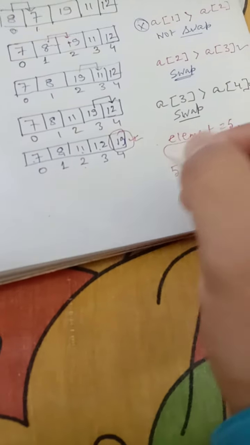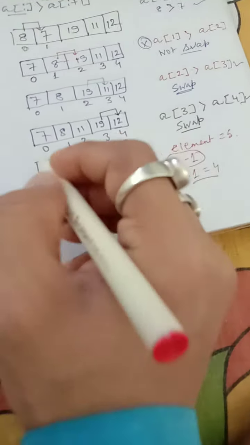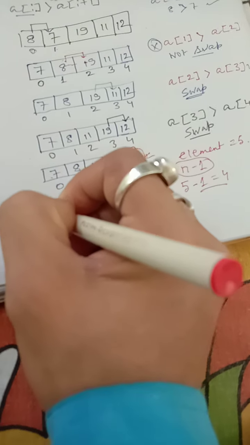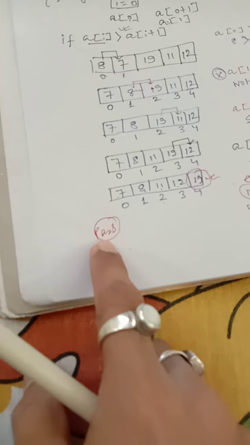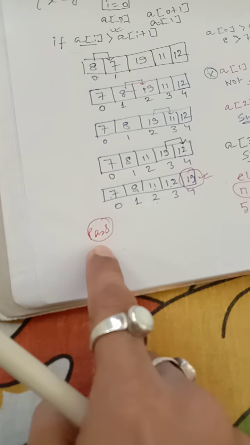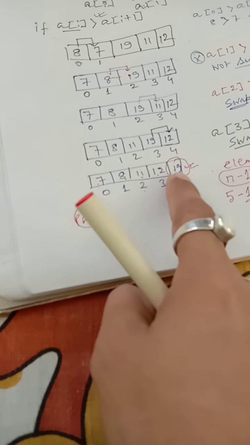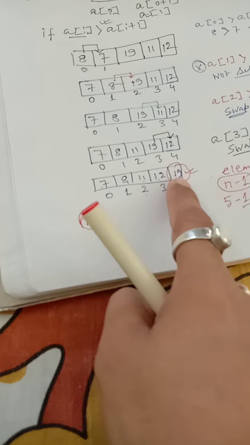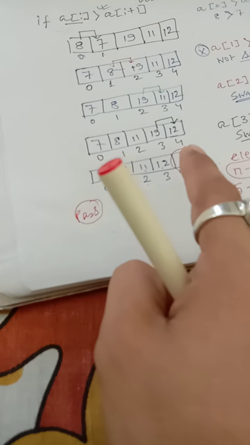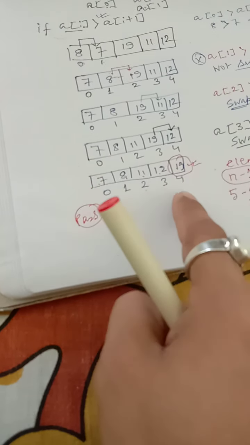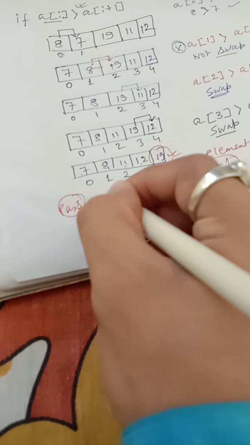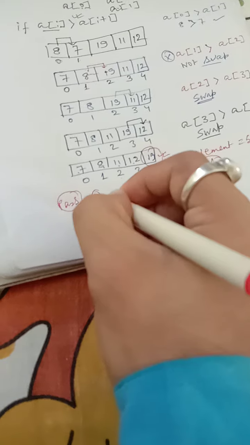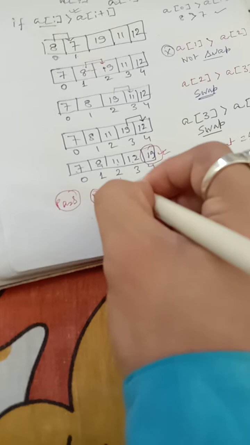After each and every sequence of comparison, which is called a pass, we experience that the largest element among the entire array is kept in the highest position, that is the (n minus 1)th position.